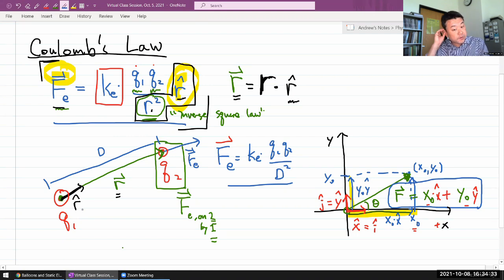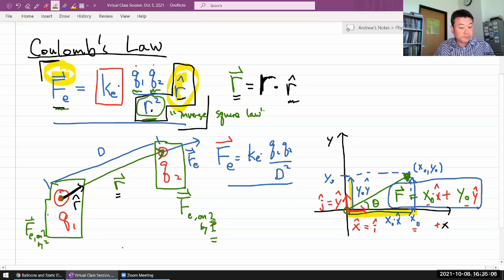And what if you change which charge you are considering? If you change to looking at Q1, then remember how we defined the vector R. It's the vector from the source charge to the target charge. Before, when we were considering the force on Q2, this R vector went from 1 to 2. Now, as we are considering the force on Q1 by Q2, this other R vector originates from Q2 and points towards Q1.